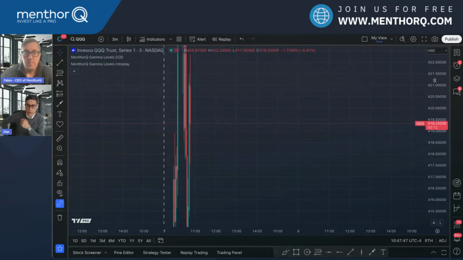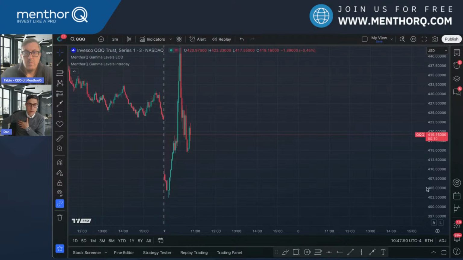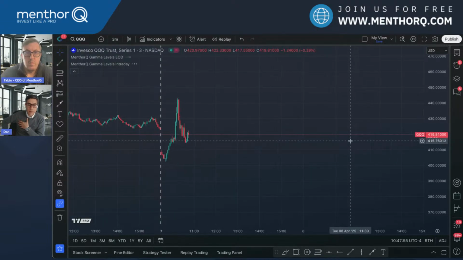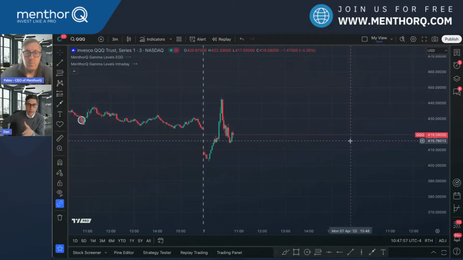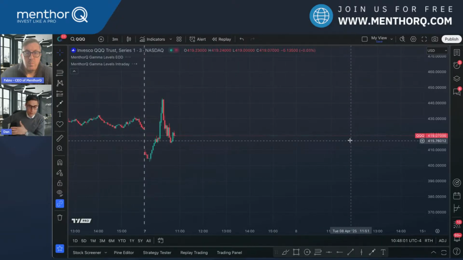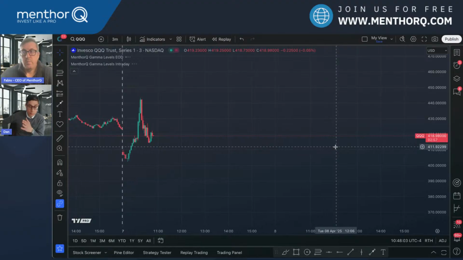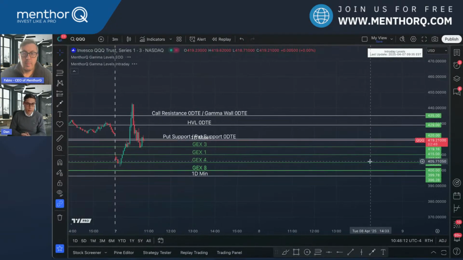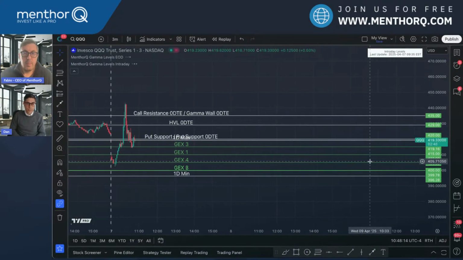Let's take a look at the QQQs and see what happens here now. But even if you trade fast in the day, it's really helpful to know where you want to go. Not just opening because we hit a level, it didn't get breached, and we were going to go down. But where's your exit? Where's your max loss? What are your profit taking targets?